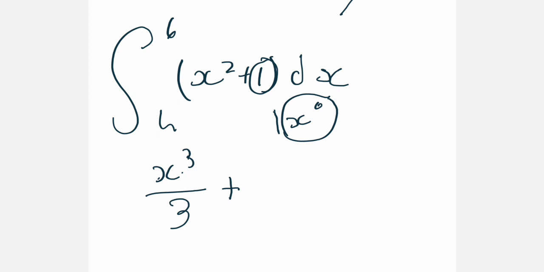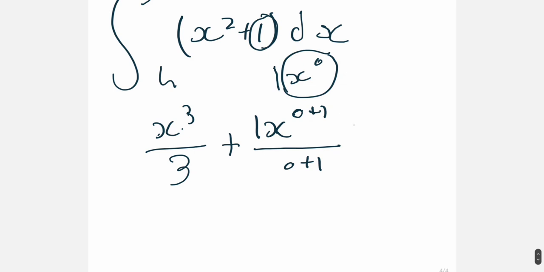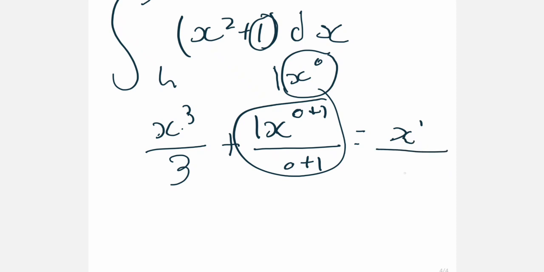So knowing this, it is 1x to the power of 0 plus 1 over 0 plus 1, which is just x to the 1, so it's just x over 1, and anything divided by 1 is just itself.